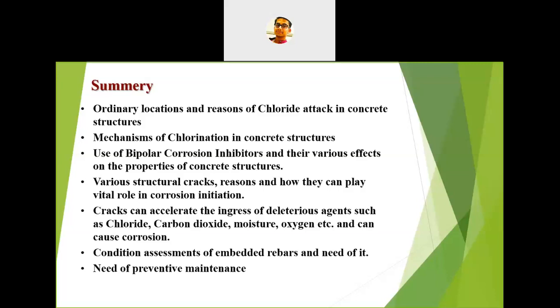We also saw how cracks can accelerate the ingress of deleterious agents such as chloride, carbon dioxide, and moisture. Through these cracks the agents ingress into the concrete system, making an easy passage for them.